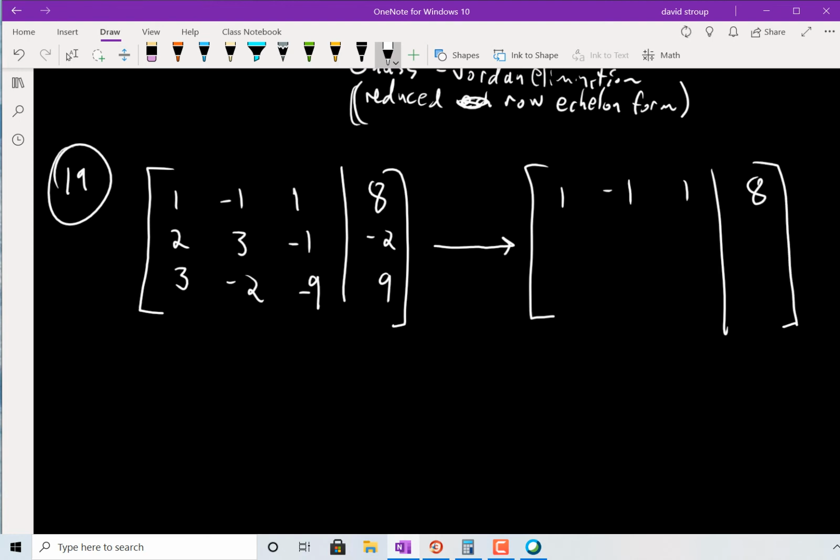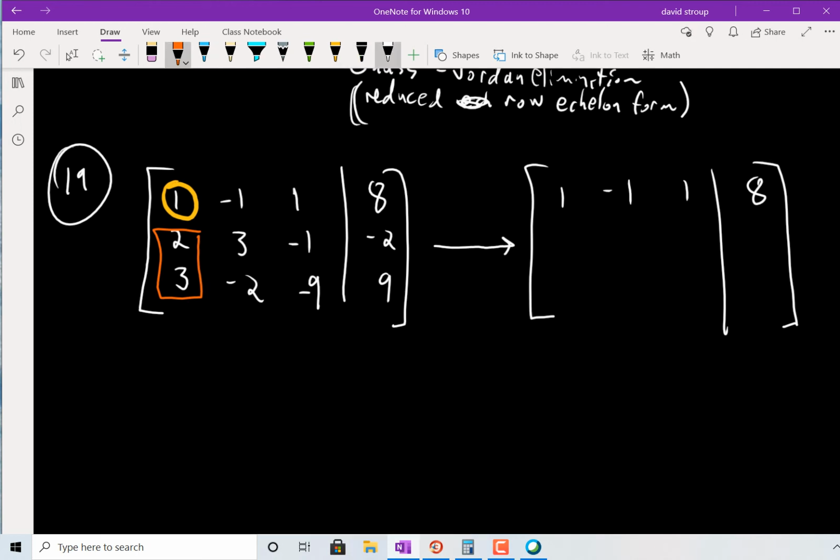And so the first step, if you're doing Gauss or Gauss-Jordan, is to get a 1 in the pivot position and in this spot. And they already have done that for you. So your job in this first step would be to get zeros there and there. And you could use that first row to cause that elimination.